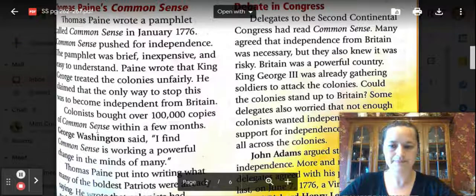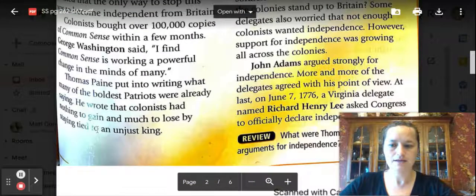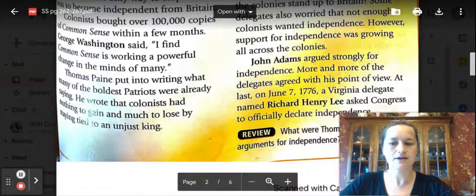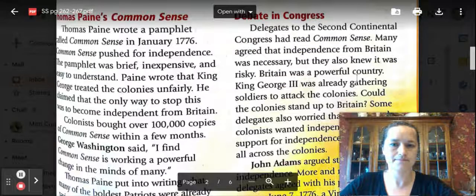Thomas Paine put into writing what many of the boldest patriots were already saying. He wrote that colonists had nothing to gain and much to lose by staying tied to an unjust king. So you will need to know what Common Sense is, and you will also need to know the role that it played in the debates in Congress.